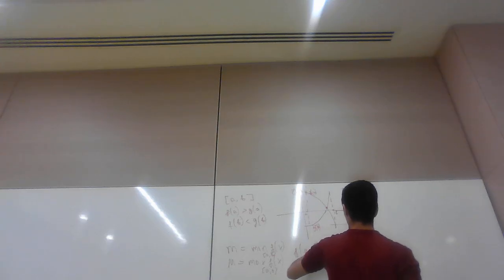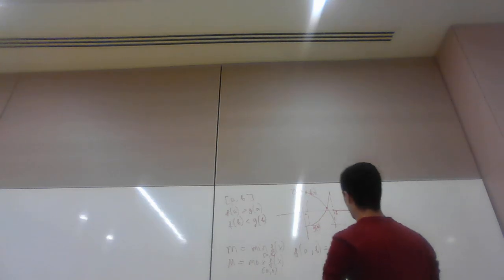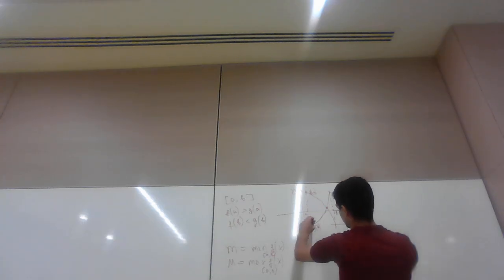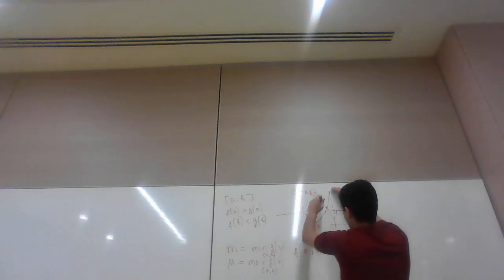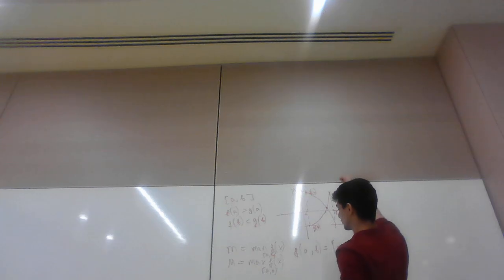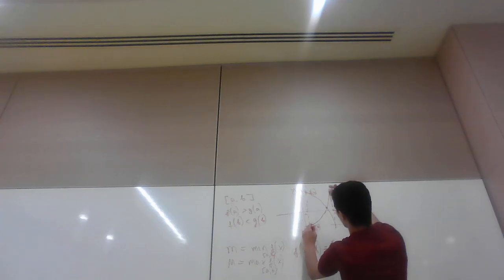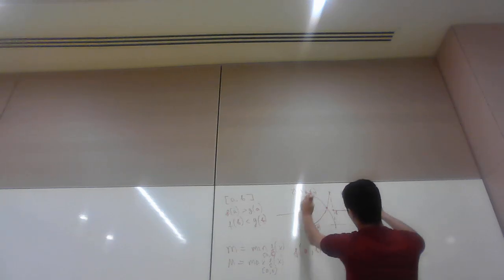This is very understandable. For example, this is the interval, and this is the G function. This point, GA, is the minimum, and n is the maximum. As we can see, all points are between m and n.